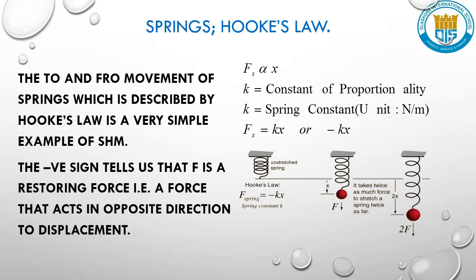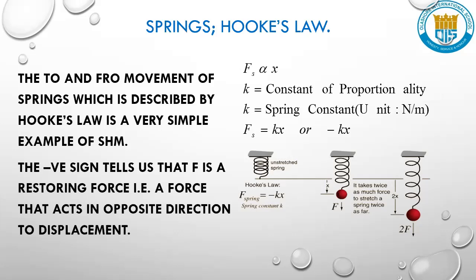Now the spring constant is the amount of force you must apply on a spring to have an extension of 1 unit. That is what the spring constant is. If we have all done our Hooke's law, we can refer to it again to give us a very good understanding of that.